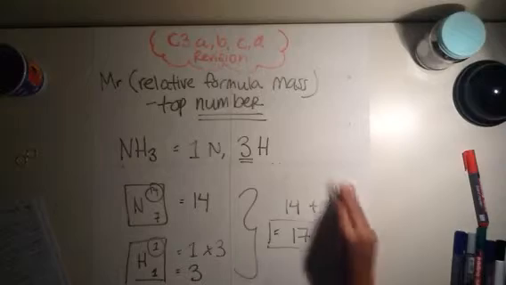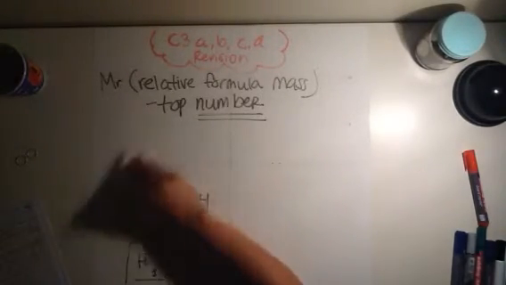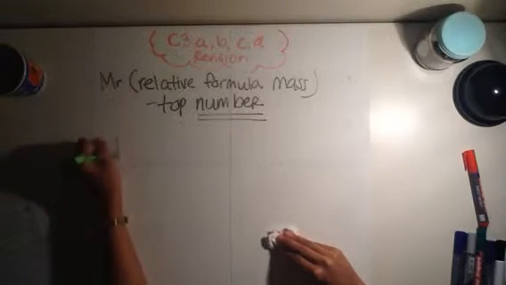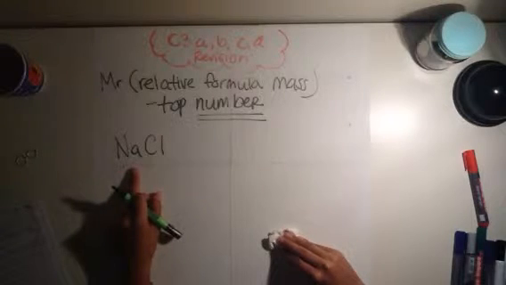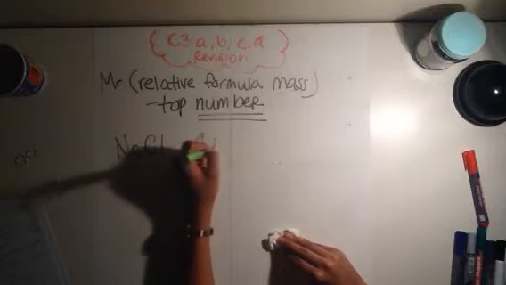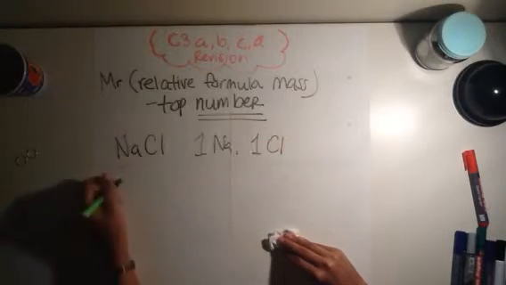Okay, last one. Got sodium chloride, or your table salt, NaCl. That means very straightforward. You've got 1 sodium and you've got 1 chlorine. You look up the 2.